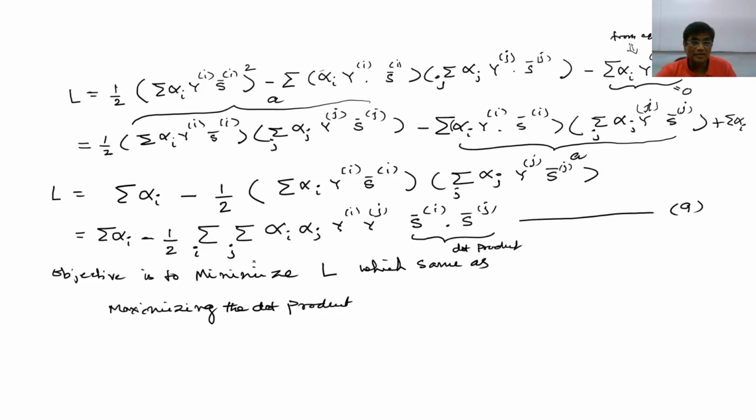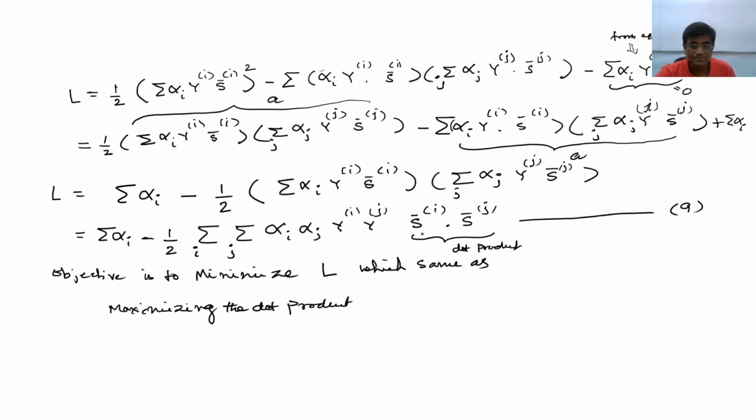So it turns out that again, it was a maximization problem, maximize gutter width, and at the end it again happens to be a maximization problem. Because minimizing L means this is a minus sign, so you have to maximize this term.